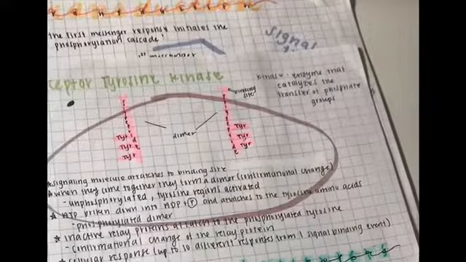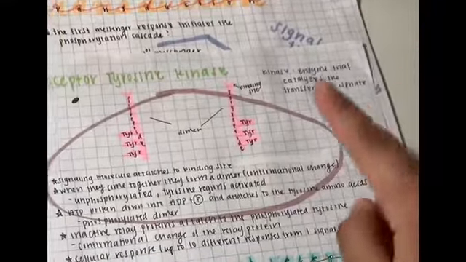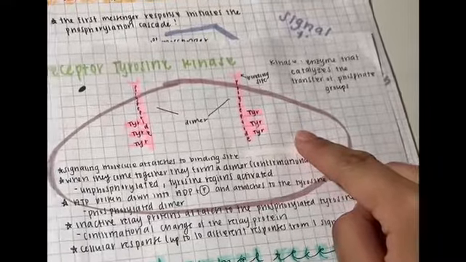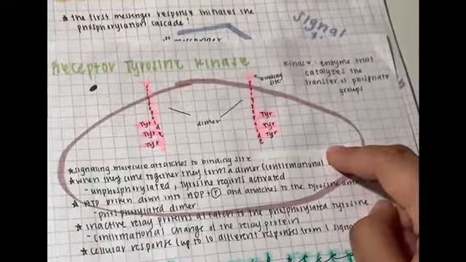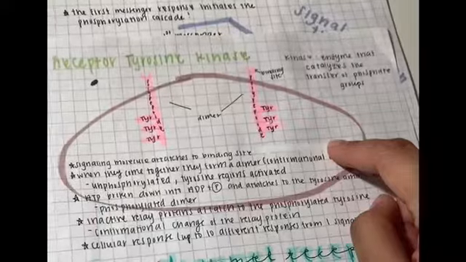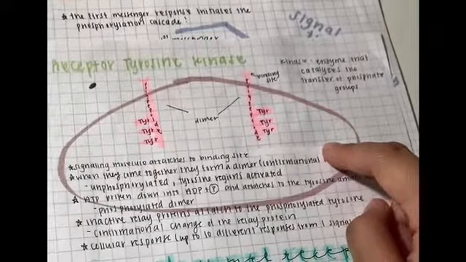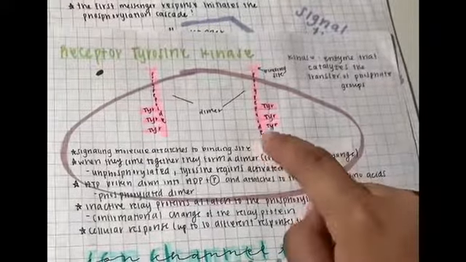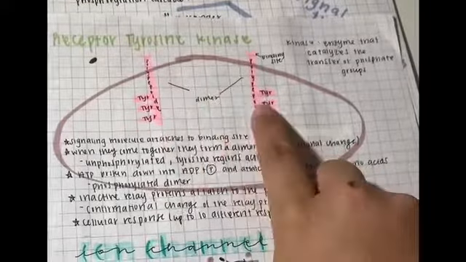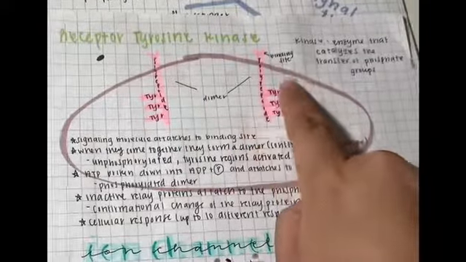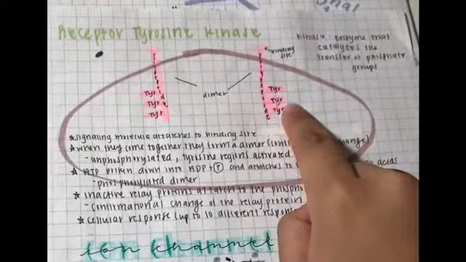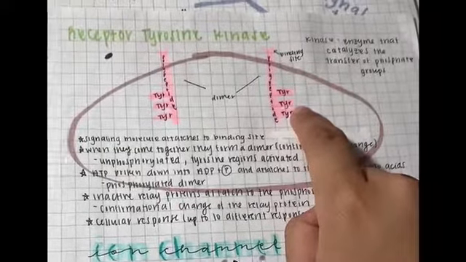So the next protein receptor is the receptor tyrosine kinase. You're probably thinking this is way different from the G protein linked receptor. These two are actually polypeptides, and they also have tyrosine regions attached to them.